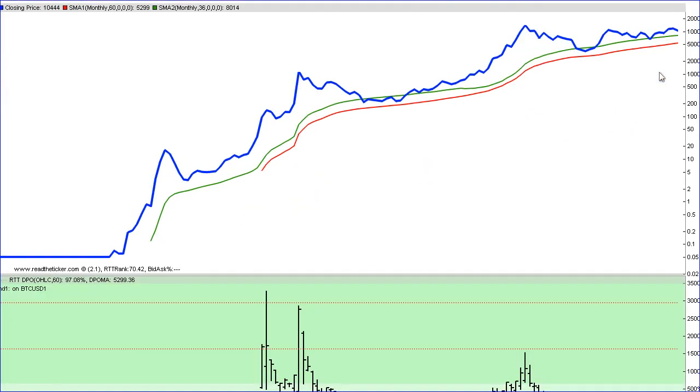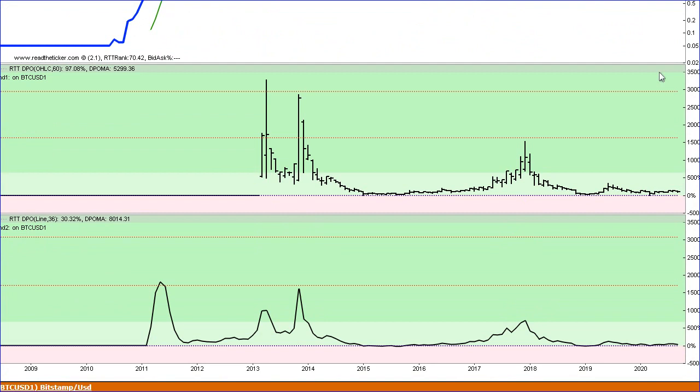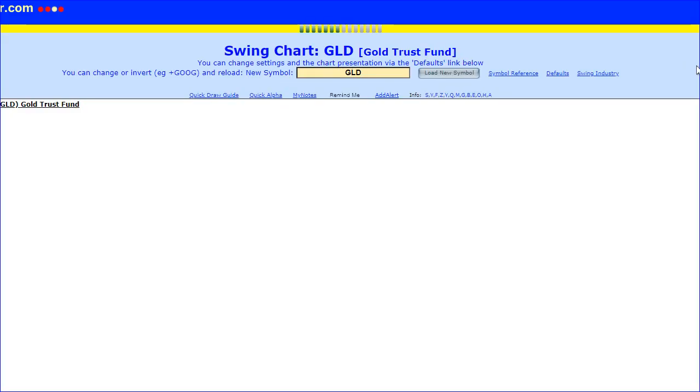Alrighty. So at the moment, obviously Bitcoin's on some crazy levels. Look at that, 500%. No, that's a bit crazy. Now let's go to gold.